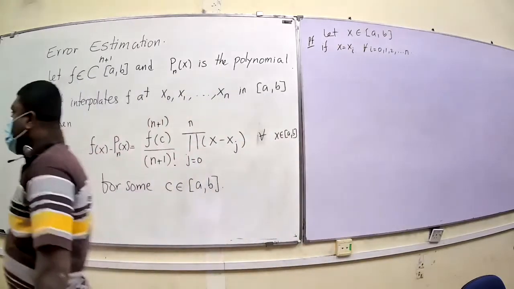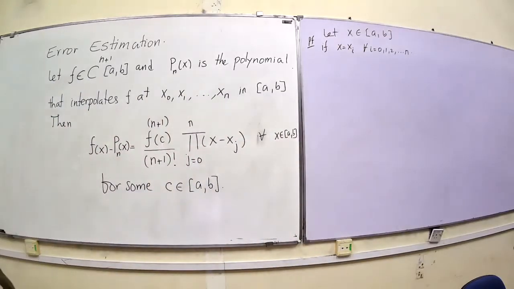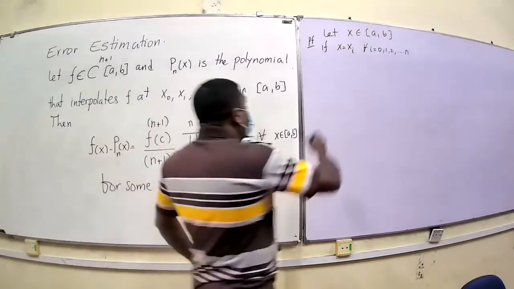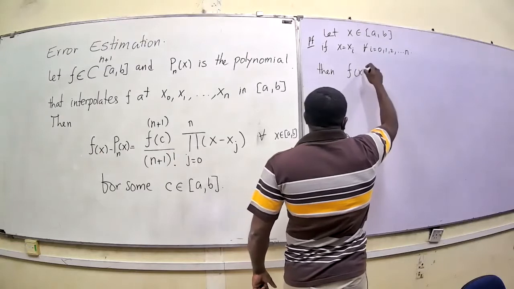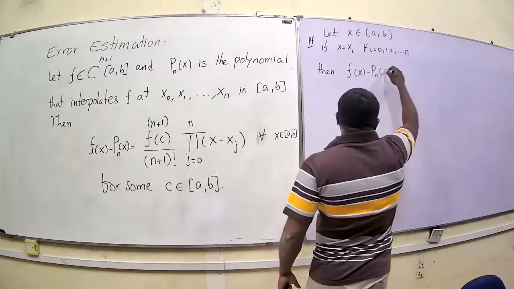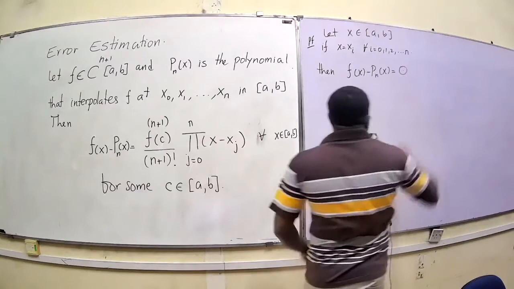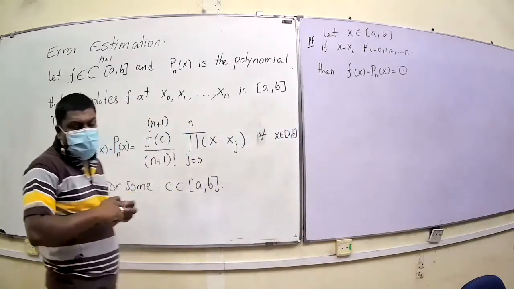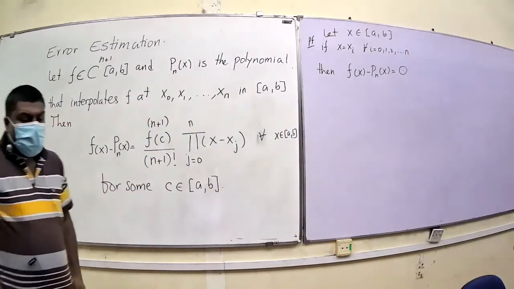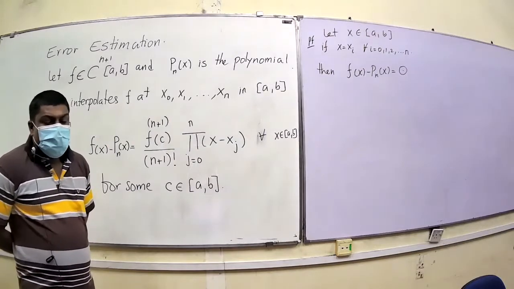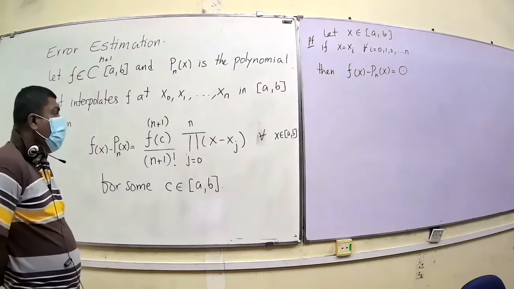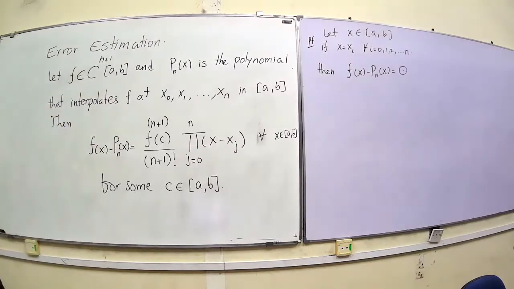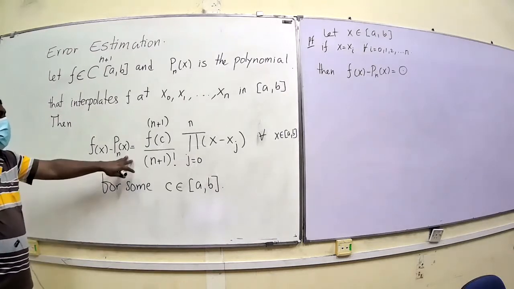If we take x as one of those interpolating points, then clearly this one is 0, either by interpolation or by this formula.